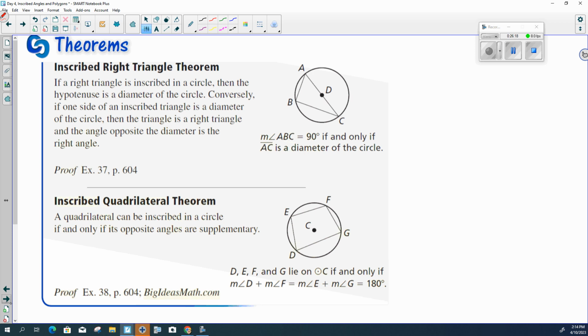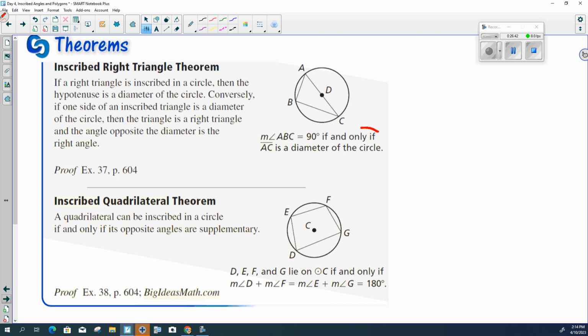Will you read the top one about the inscribed right triangle theorem? If a right triangle is inscribed in a circle, then the hypotenuse is a diameter. Conversely, if one side of an inscribed triangle is a diameter, then the triangle is a right triangle with the angle opposite the diameter being right. That's a lot to write in a sentence.